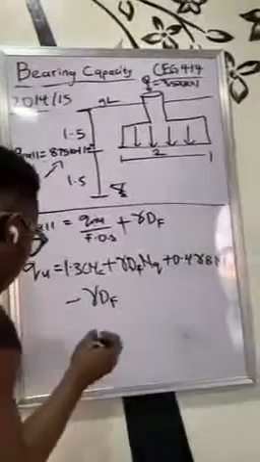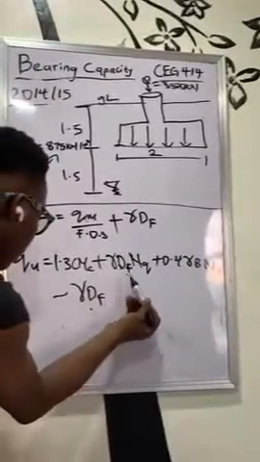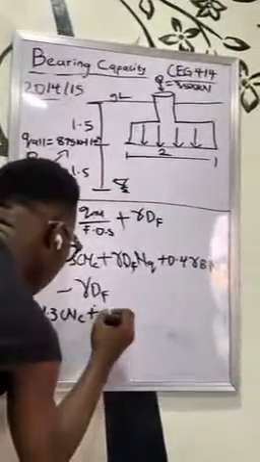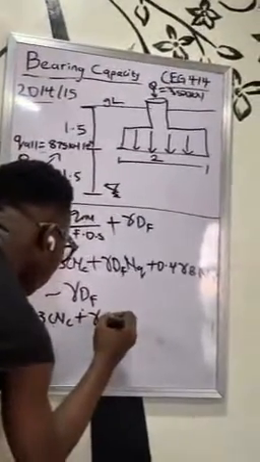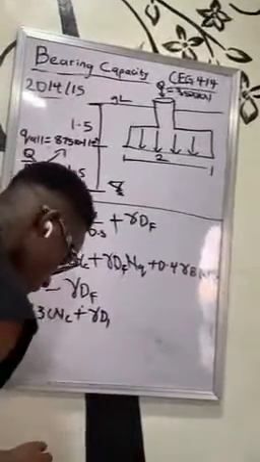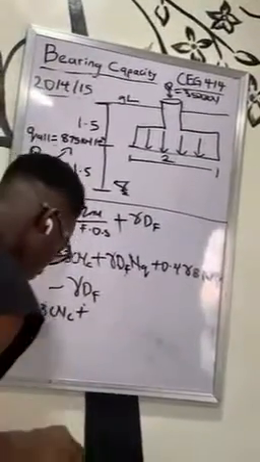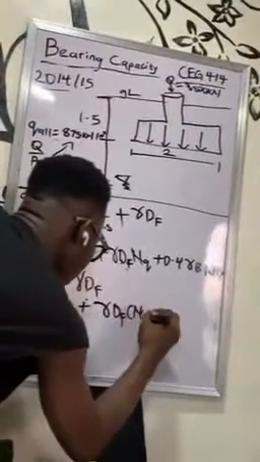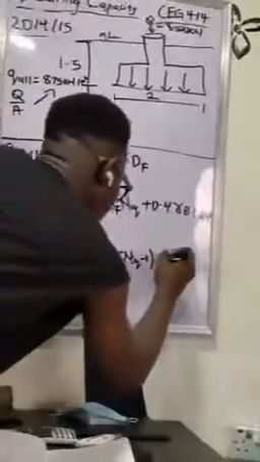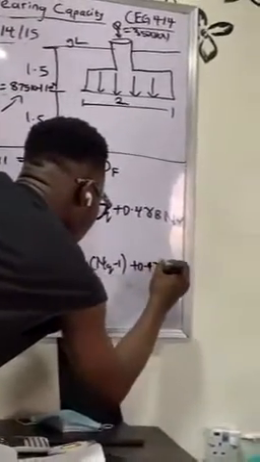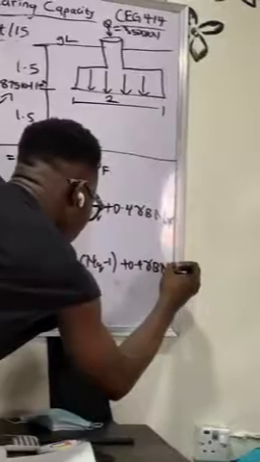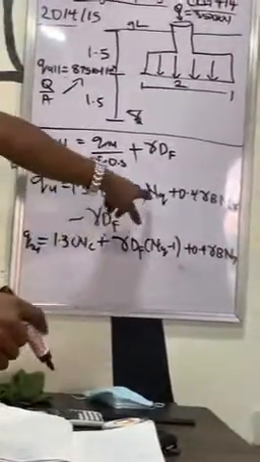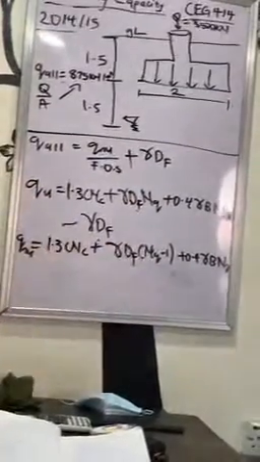From normal mathematics, if gamma DF exists here and gamma DF exists here, you can collect like terms and just have 1.3 CNC plus gamma DF into NQ minus 1 plus 0.4 gamma B gamma. Again, this will give me my Q net ultimate. When you subtract gamma DF from gamma DF NQ, you have this expression.